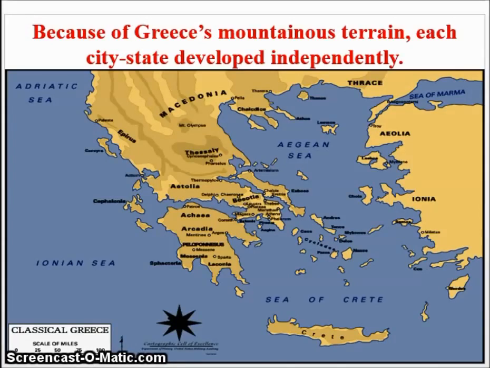Now, it won't be universal. There will be some areas of Greece, the more notoriously rugged and harsh areas geographically, that will not organize based on the polis. But by far, the most common form of organization will be the city-state.